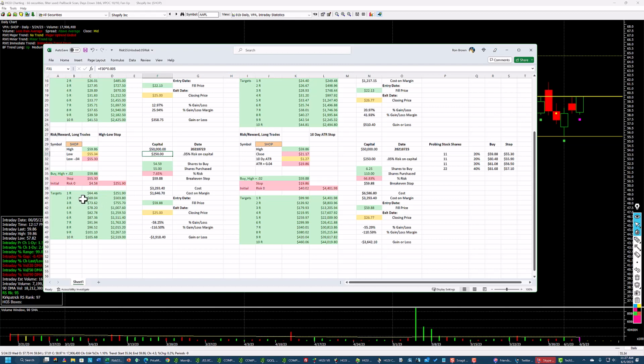A 2R would require a move all the way up to 69.04, which would be out of this chart's range. But realistically, it could get a 1R move out of there for risking $250 and to get to 64.46.